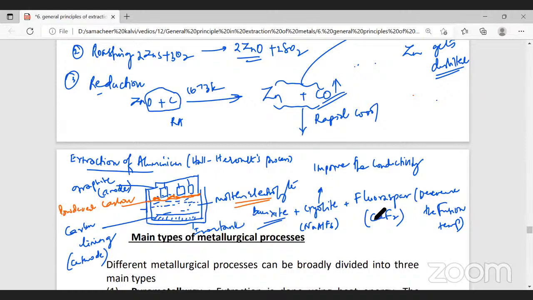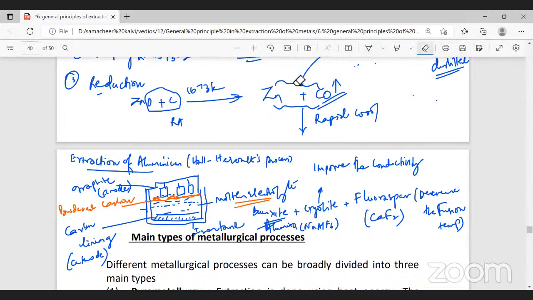Now, in the Hall-Heroult process, you take an iron tank lined inside by carbon, which behaves like the cathode. Thick graphite rods are immersed and connected to the positive terminal, acting as the anode. Inside the cell, we take molten electrolyte containing alumina, Al2O3, cryolite, and fluorospar.